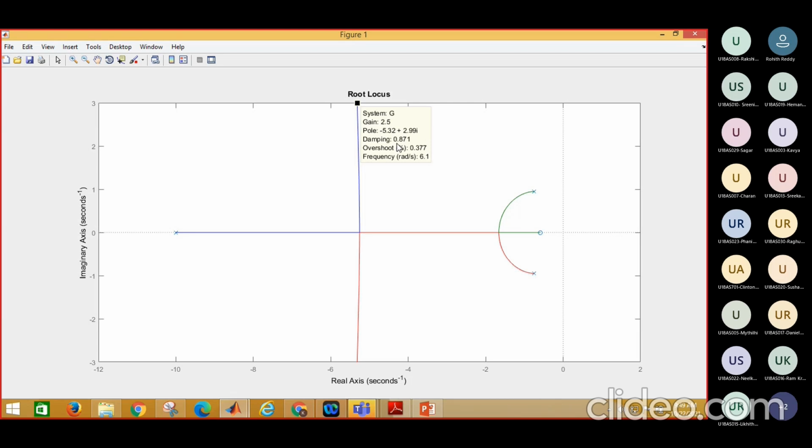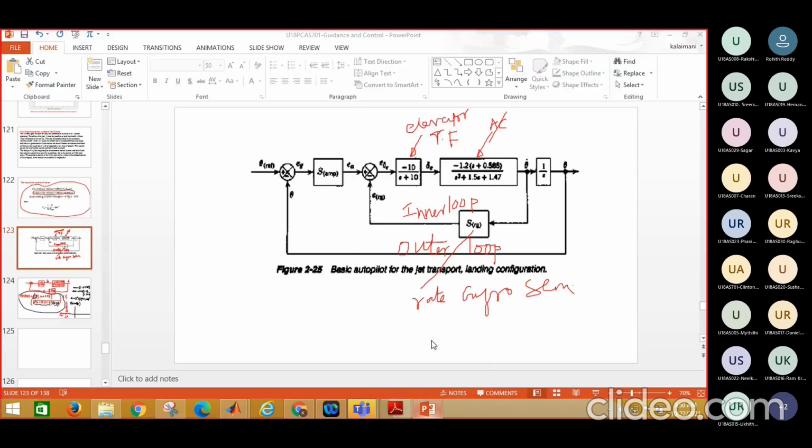Here damping is almost 0.871. For the outer loop, if the damping is slightly 0.5 or 0.6, then it is a good design for a control system. That's why initially we make the inner loop damping 0.871, so my rate gyro sensitive value is selected as 2.5.